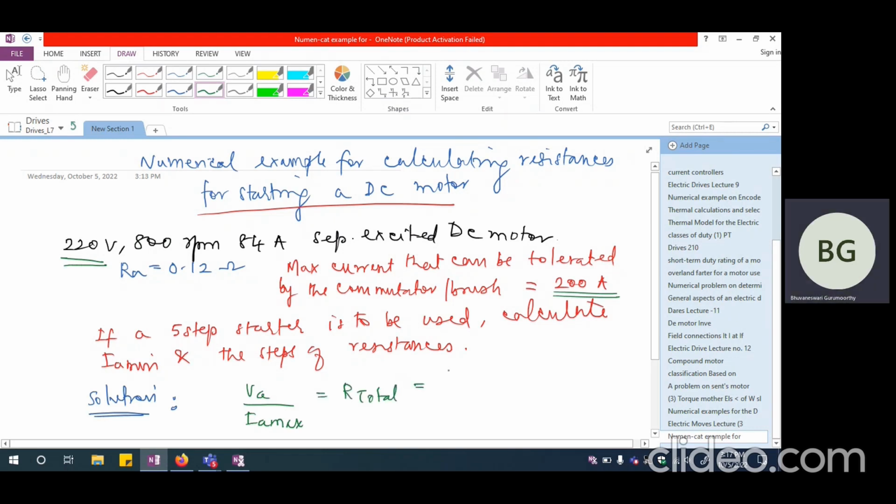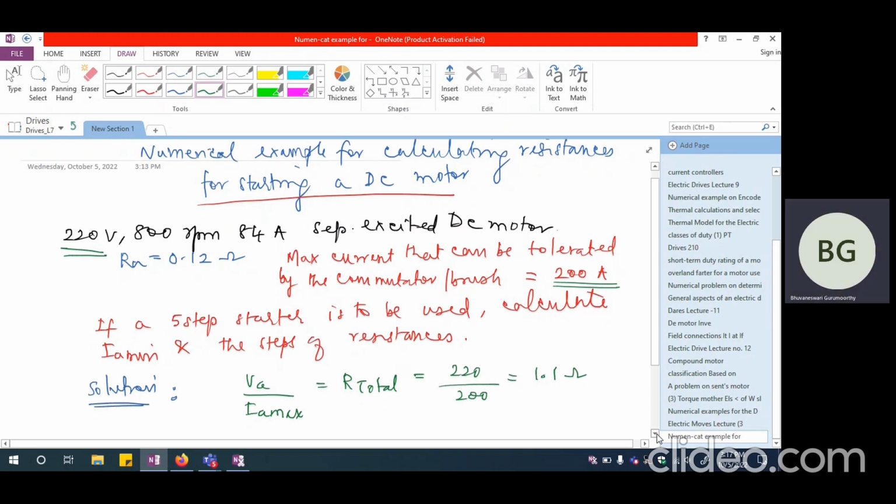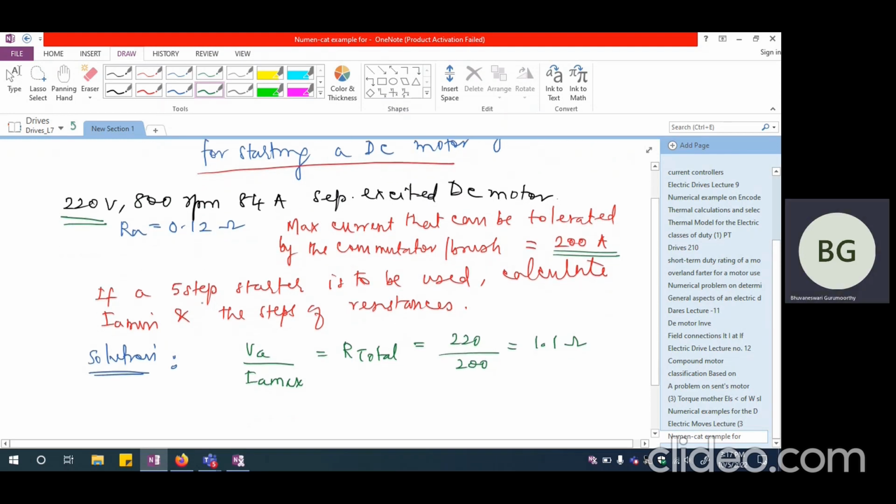So this can be calculated as 220 divided by 200. So this corresponds to 1.1 ohm resistance. So this is inclusive of, because it's a 5-step resistance starter, R1 plus R2 plus R3 plus R4 plus R5.